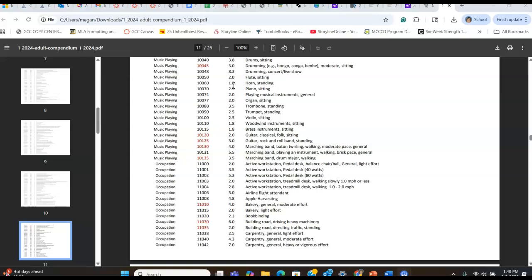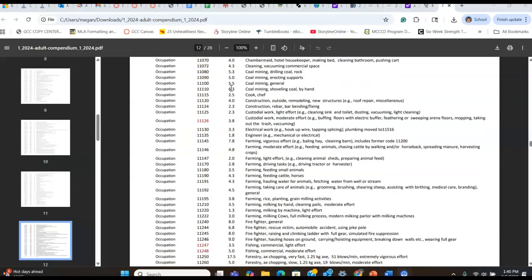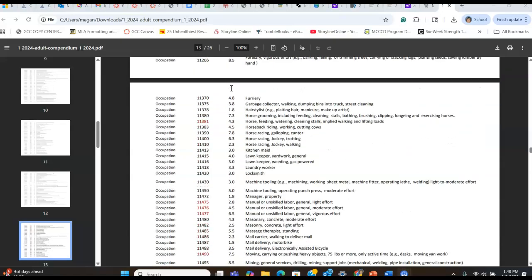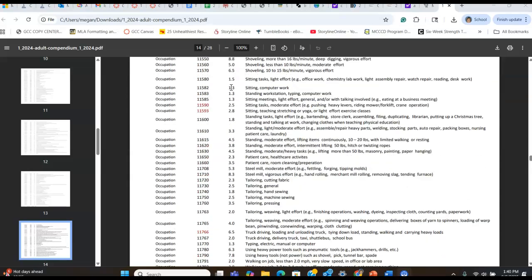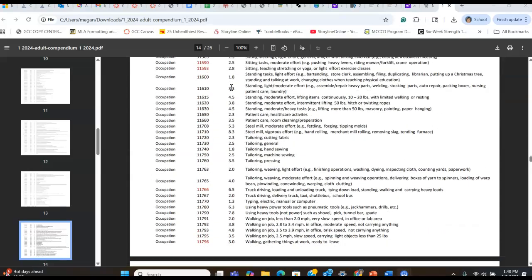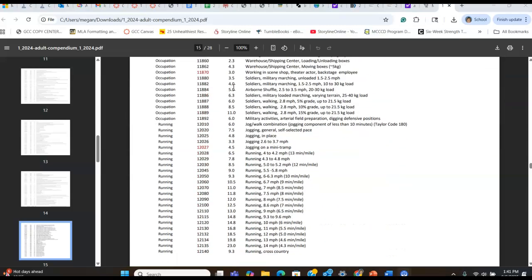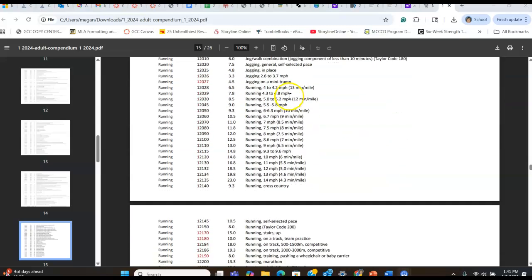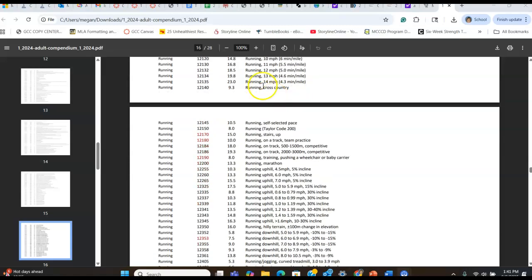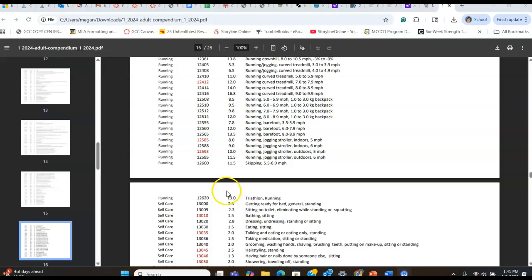Maybe they really enjoy dancing, so you give them some dancing exercises, or maybe they really enjoy walking, so you go down to the walking. Maybe they are really into circuit training, so you do some circuit training. Maybe, right? Like there's a bazillion different things that you can give them. But being able to look at these MET levels and look at different options.